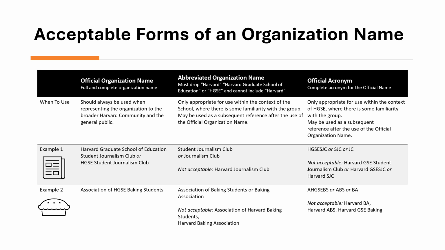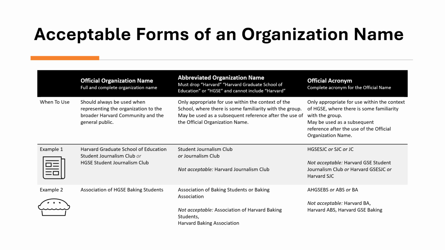It may also be used as a subsequent reference after the use of the official organization name. Continuing with the examples here, the Harvard Graduate School of Education Journalism Club becomes the Student Journalism Club. The Association of HGSE Baking Students can be called the Baking Association.